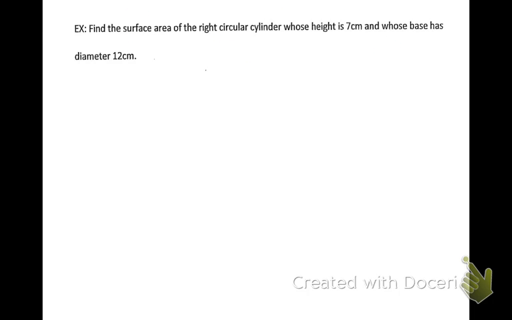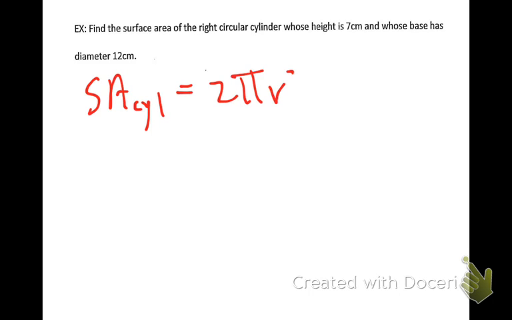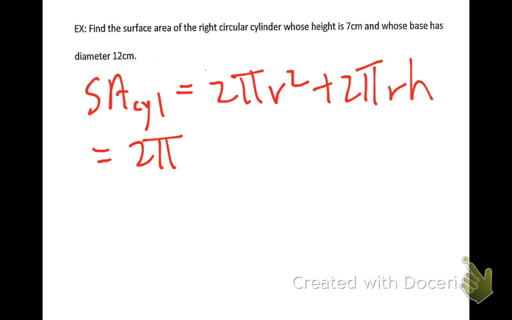An example. Find the surface area of the right cylinder whose height is 7 centimeters and whose base has a diameter of 12. So we've got surface area of a cylinder is equal to 2 pi r squared plus 2 pi rh. So that's going to equal 2 pi, the radius. What am I going to plug in for my radius? 12?